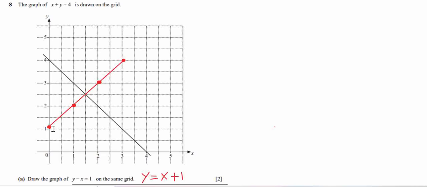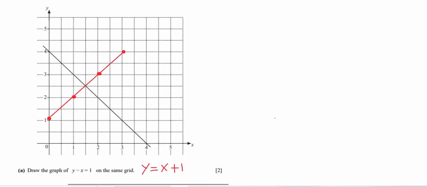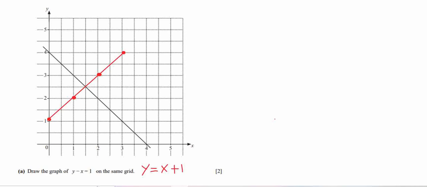It means for one horizontal there will be one vertical. That's the meaning of gradient. So we put the intercept 1 here, and we start making the graph by moving one horizontal and one vertical.